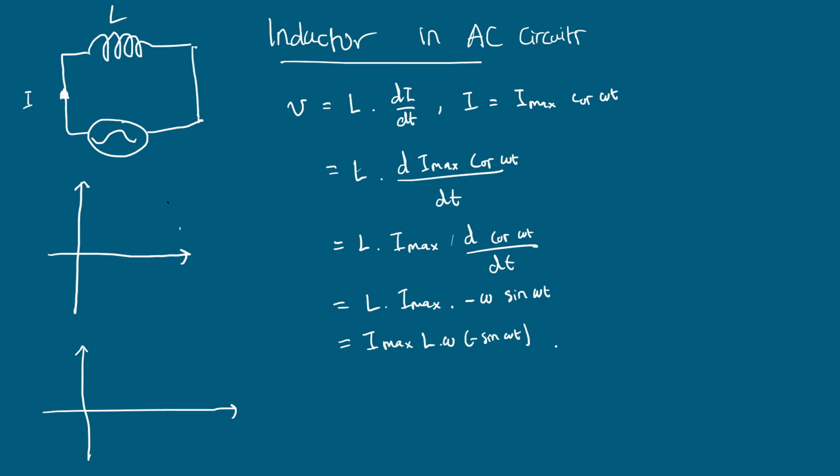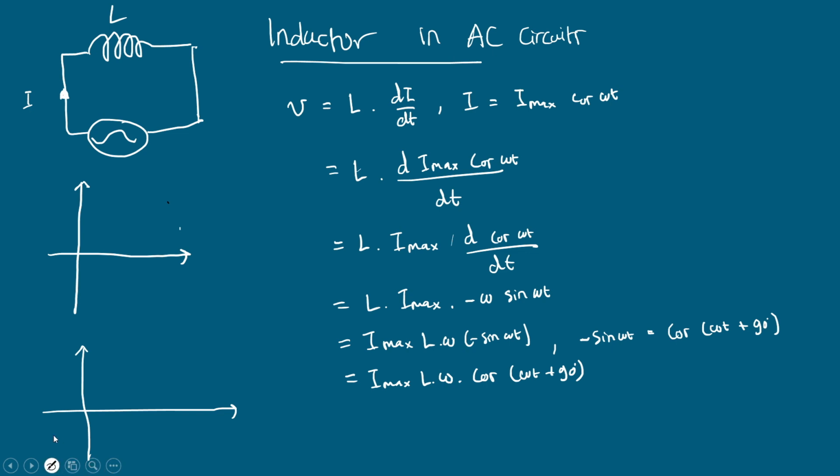And as we know, minus sine omega t can be turned into cosine omega t plus 90 degrees, right? So we're going to have I max L omega times cosine omega t plus 90 degrees.